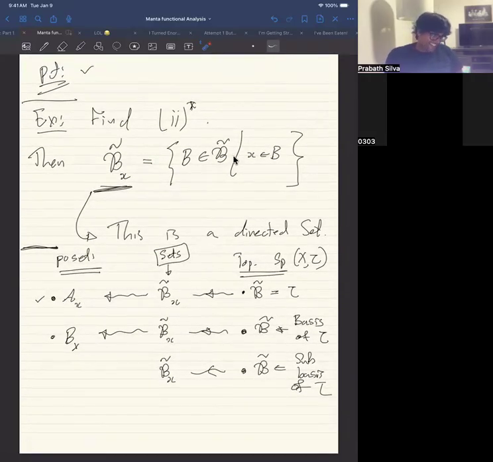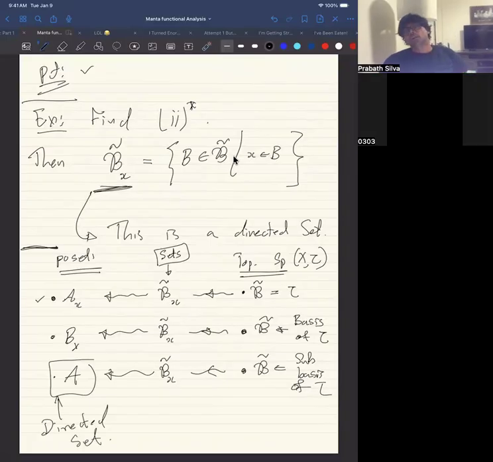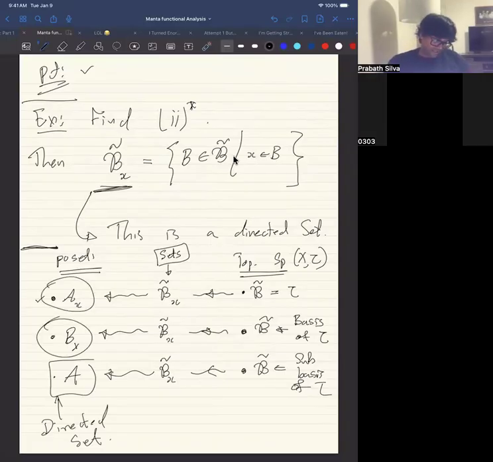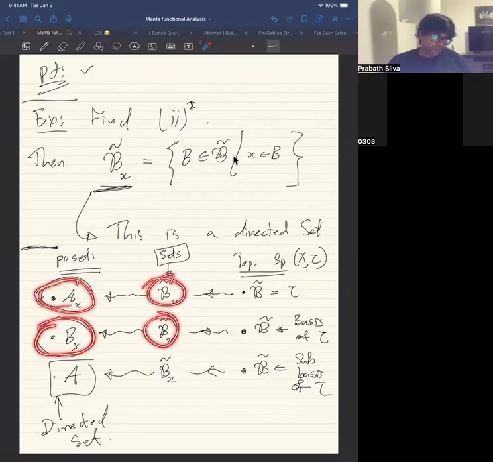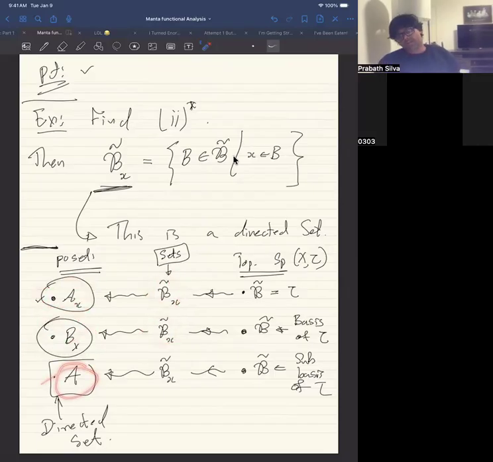What I want to get here, this claim, is that this should be a directed set. So whatever the poset versions of these guys, they would satisfy more properties than what we need for a directed set.